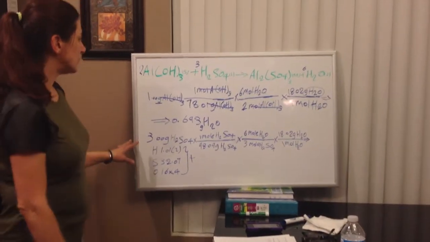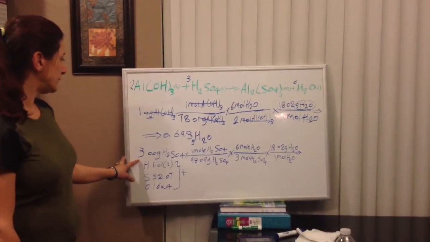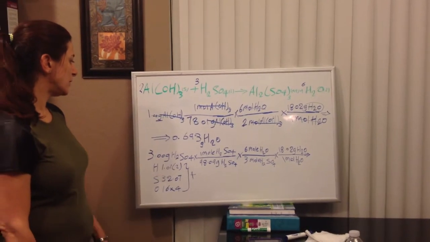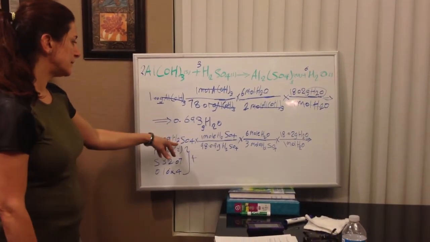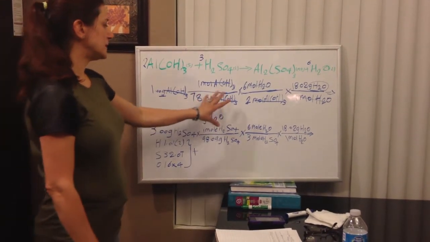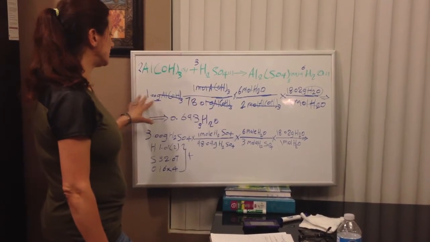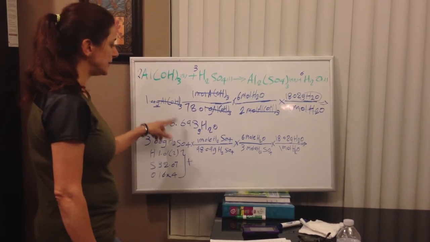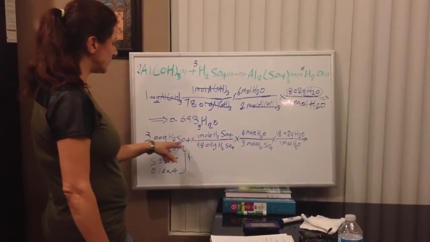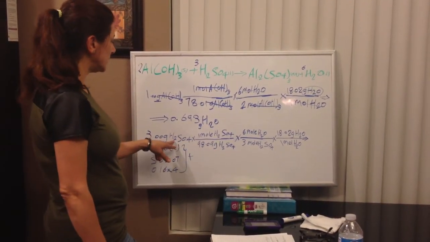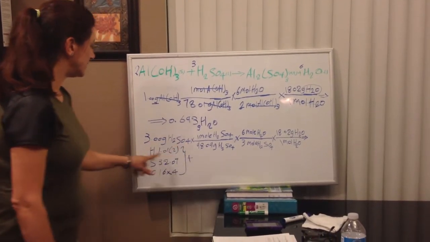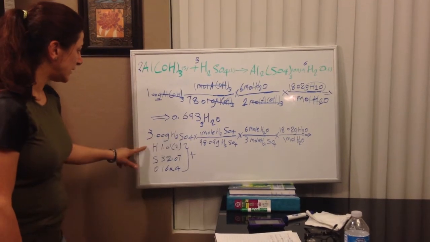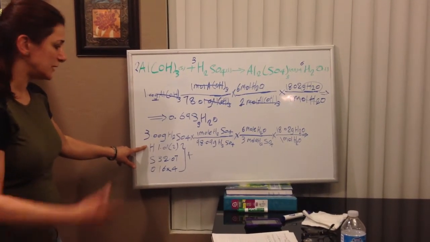Yes, so now we're going to look at the 3 grams of sulfuric acid to see how much water comes from it. We're going to do the same process we did for the aluminum hydroxide. First, we're going to find the mass of the sulfuric acid, looking up the hydrogen, the sulfur, and the oxygen on the periodic table.